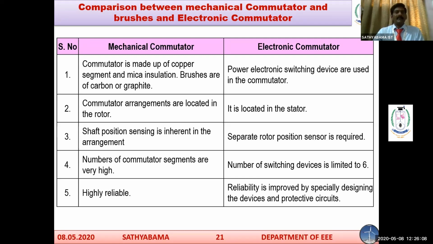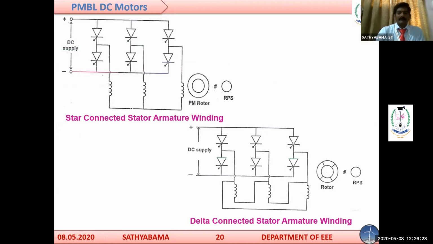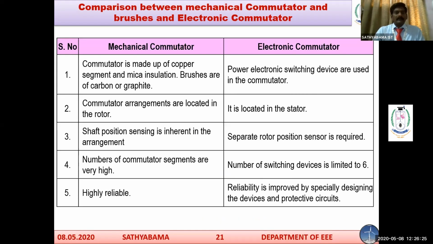For the mechanical commutator, shaft position sensing is an inherent arrangement, whereas for the electronic commutator, a position sensor is required. The number of commutator segments is very high in the mechanical commutator, whereas in the electronic commutator, the number of switching devices is limited to 6, as explained in the previous diagram.